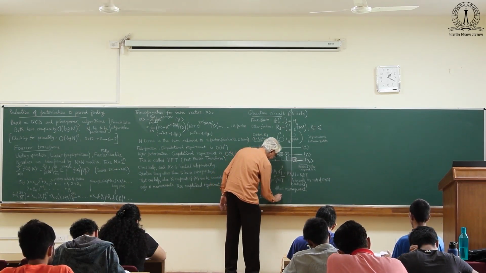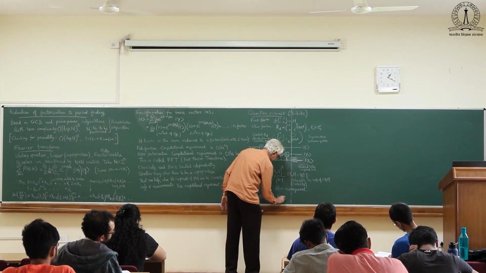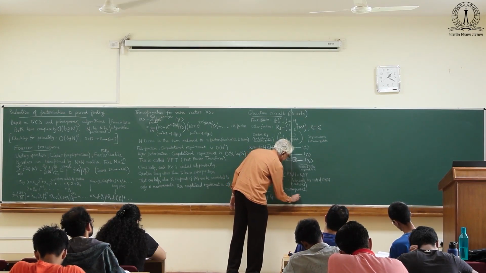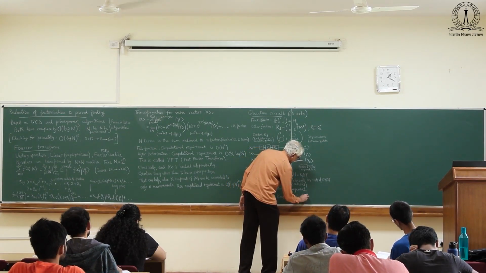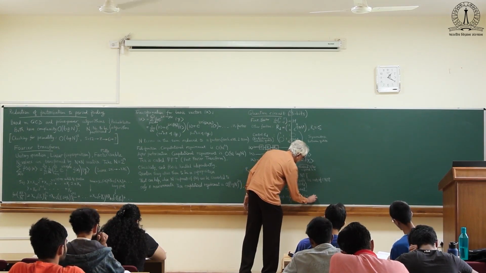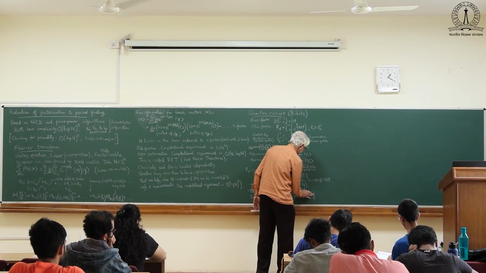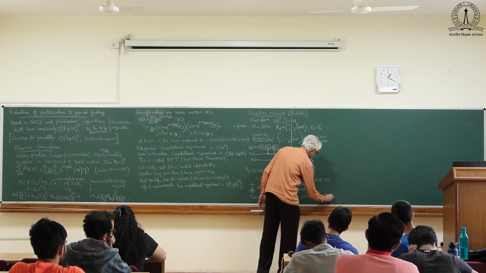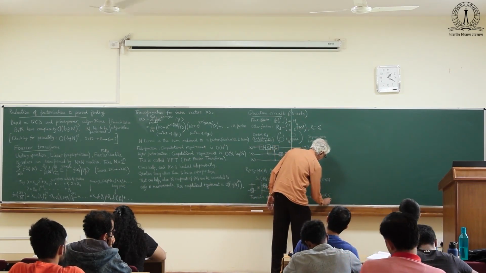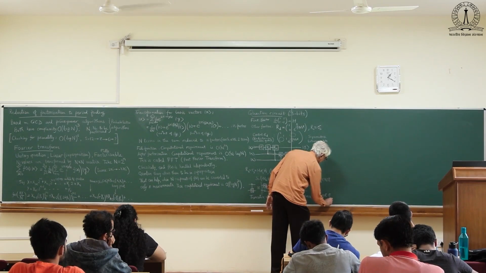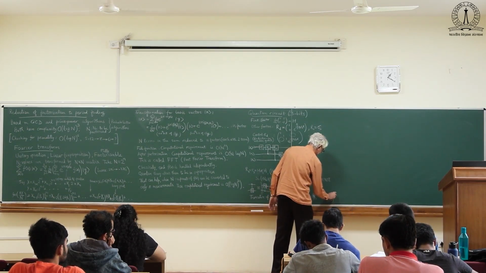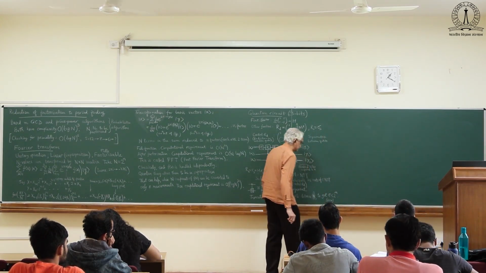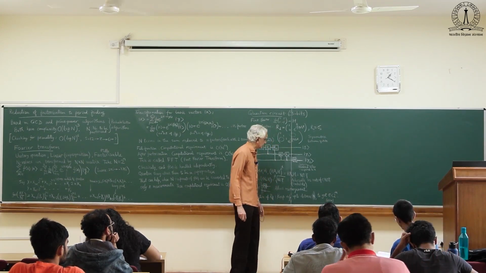So if I keep only up to distance d, or rather let me call it m, to get epsilon error, it is 2 raised to minus m.